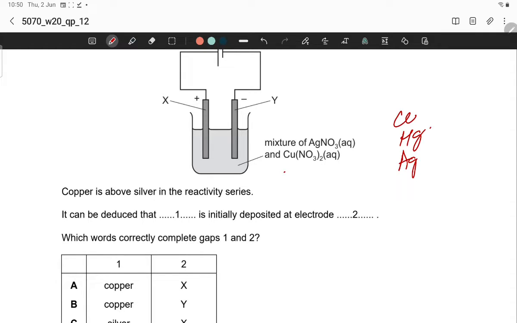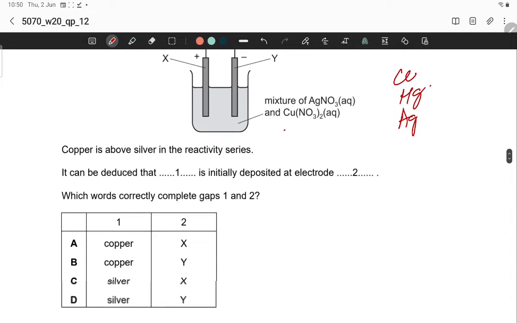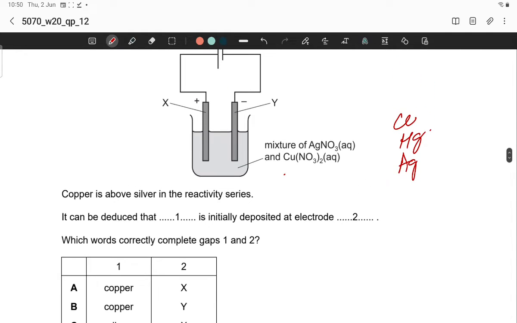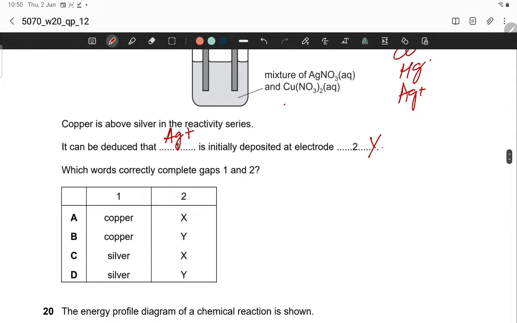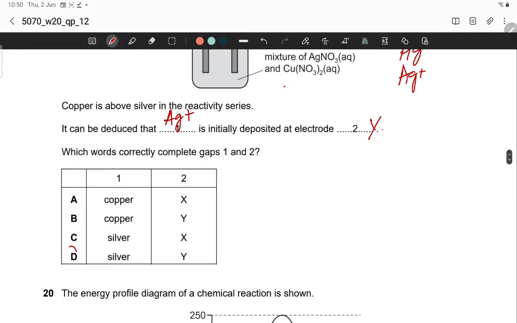So silver is initially deposited at electrode Y, because Y is the cathode and Ag is a positive ion. Which words complete the sentence? Silver and Y. So D must be correct.